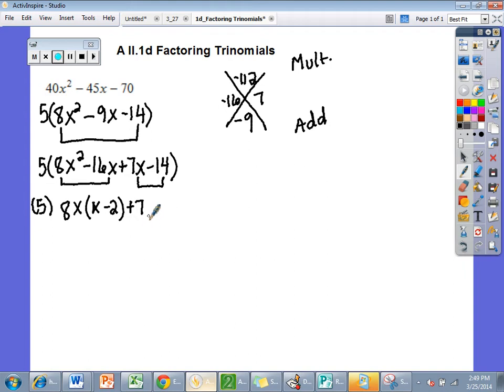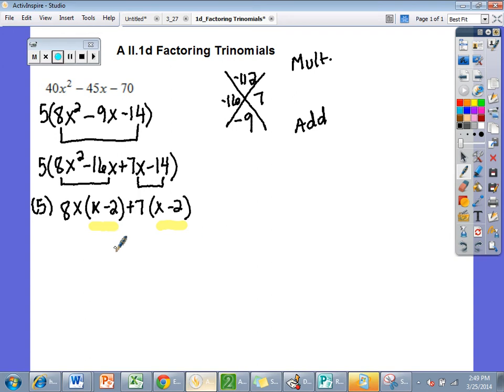And what should happen is that I'm left with exactly the same thing here, x minus 2, as I was left with over here. Notice that this x minus 2 and this x minus 2 are the same. And that will always happen as long as you factored correctly. If that doesn't happen, then that means you've made a mistake somewhere along the line and you should backtrack.